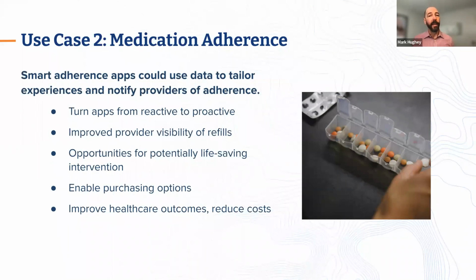But again, having access to the data will enable very personalized recommendations and potentially interventions that can significantly improve outcomes. Because the data set contains prescription information, patient access API integration could turn these medication adherence apps from reactive to proactive tools.